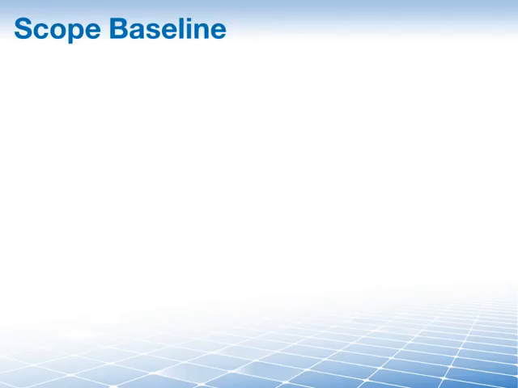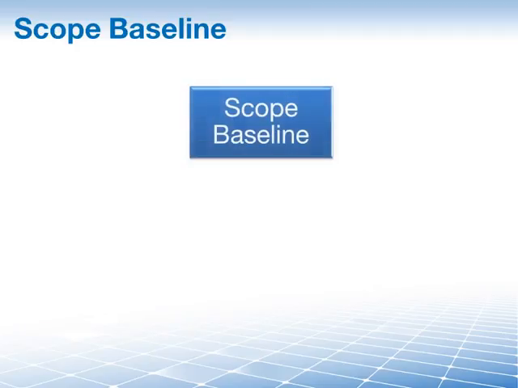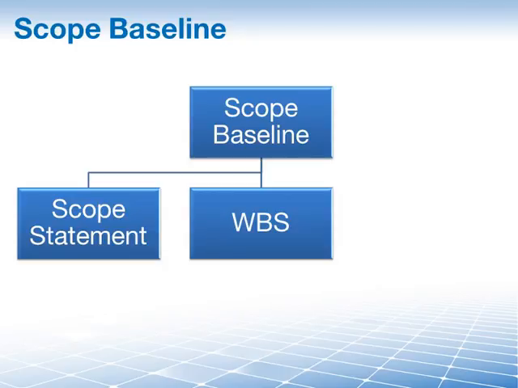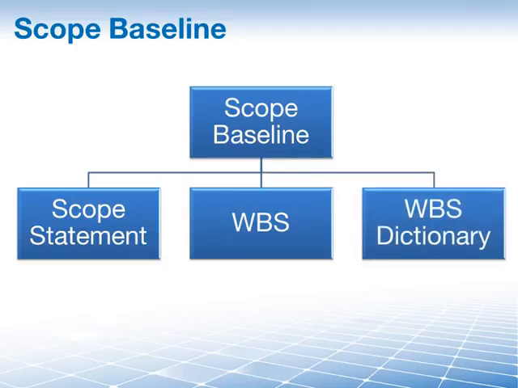And then we have the scope baseline, and this one is different than the two baselines which we have looked at so far, because this is not just a single document, because instead it consists of three components. That much said, the scope baseline is an approved, specific version of the detailed scope statement, the work breakdown structure, and its associated WBS dictionary.